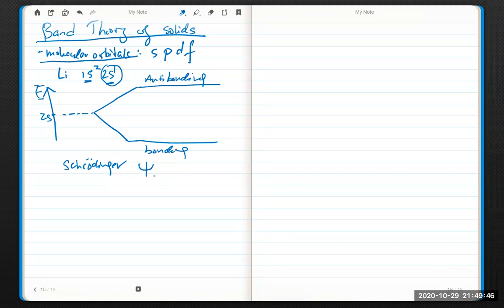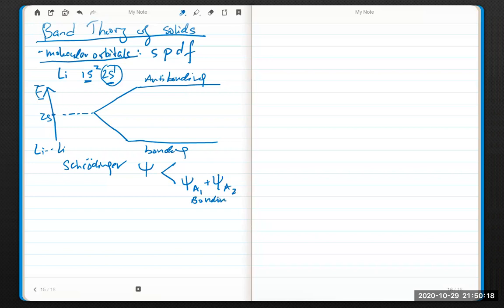When you have more than one lithium, two lithiums for example, let's draw it here, lithium and lithium, then the valence electron waves combine with each other, and there are two potential states. One is constructive interference, and one is destructive. The constructive one is the two wave functions added to each other. That's the bonding state.